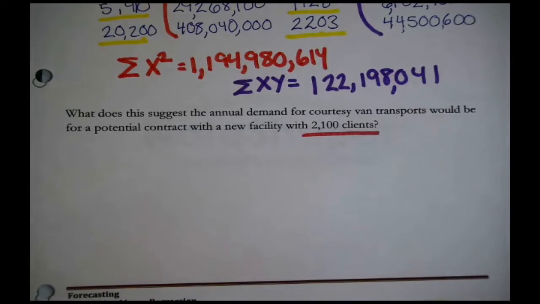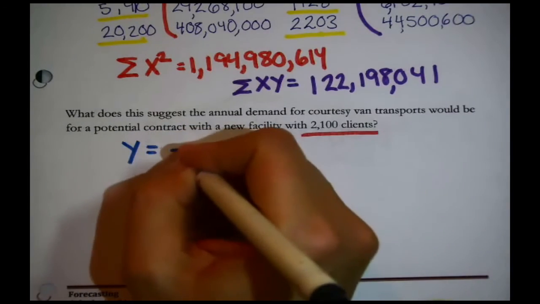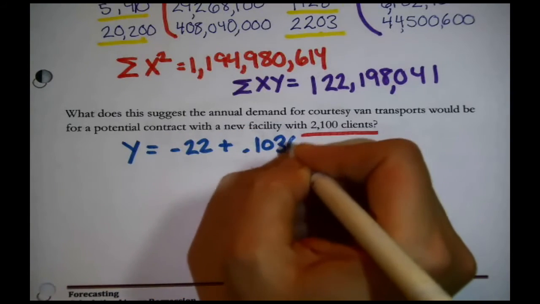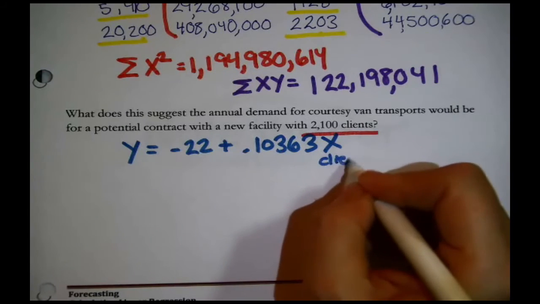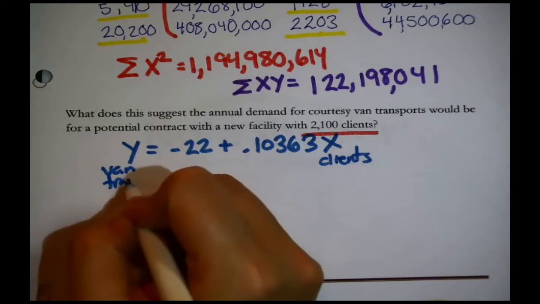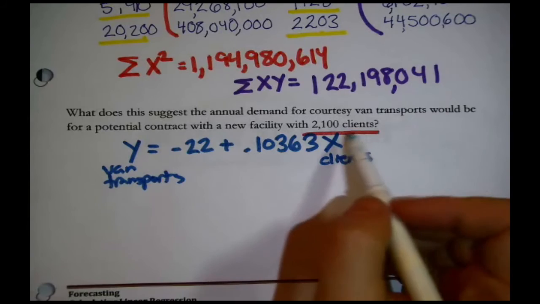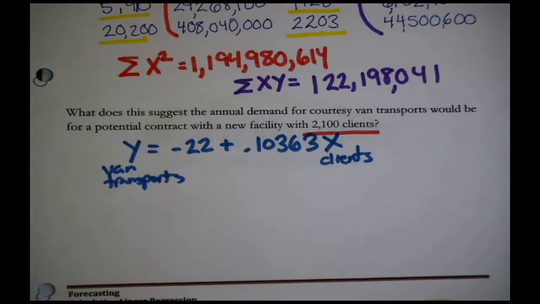Now, summarizing what I just wrote, this is the regression equation that we worked so hard to get. Okay, clients predicts van transports. They want us to predict van transports for a contract with 2,100 clients. Do you see how we use this?